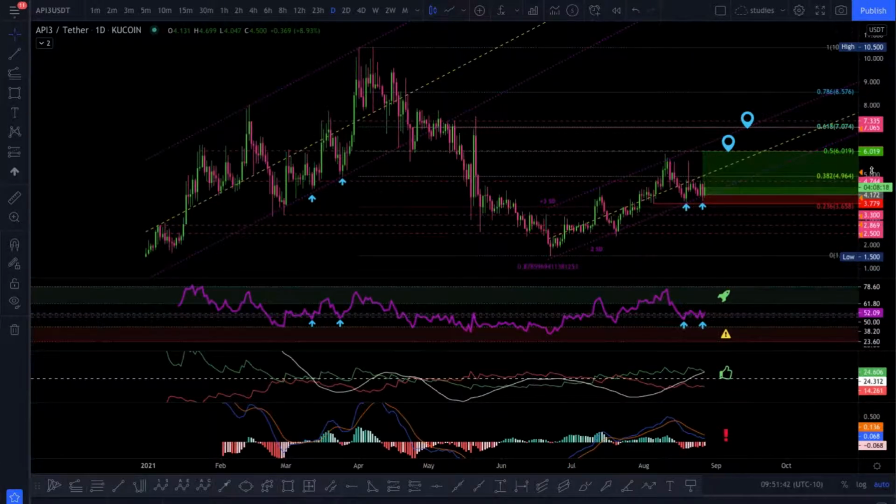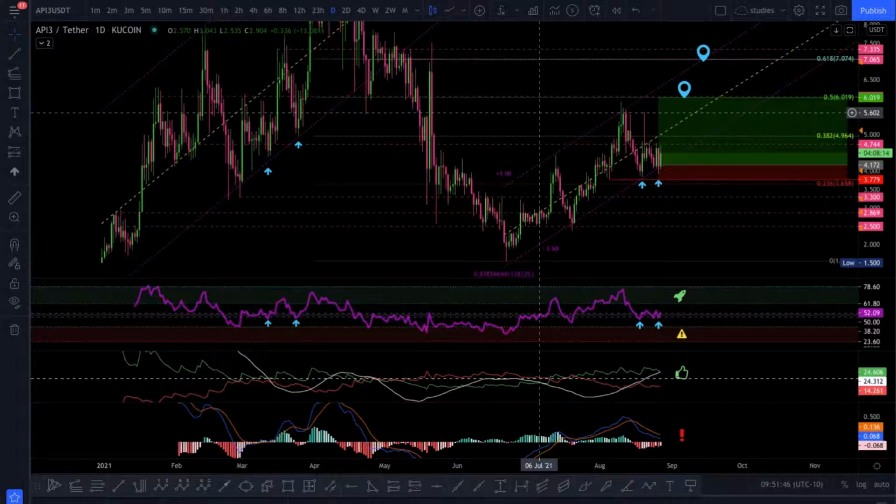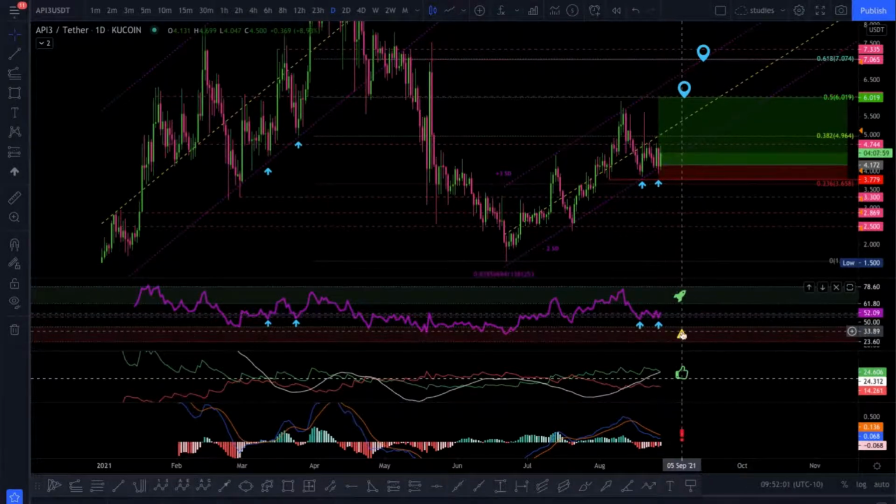The other part of this analysis that I'm looking at, expanding from price action, is RSI. This RSI indicator is one that I built where it overlays Fibonacci retracement levels onto our RSI, and I find these levels very helpful. What we see here is a little warning sign and then a rocket.